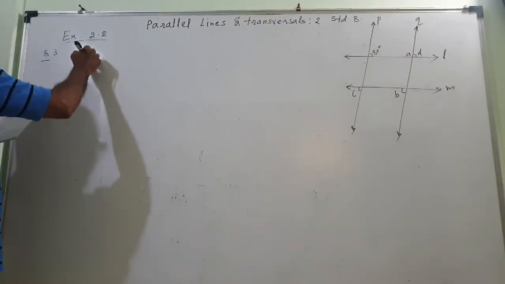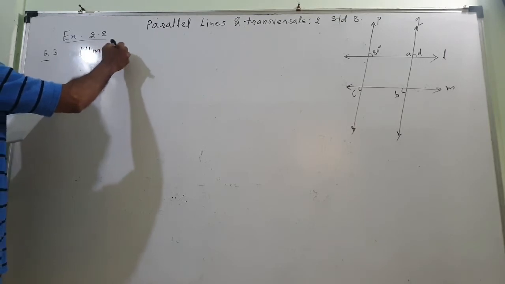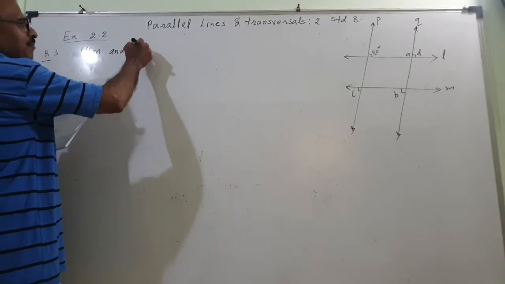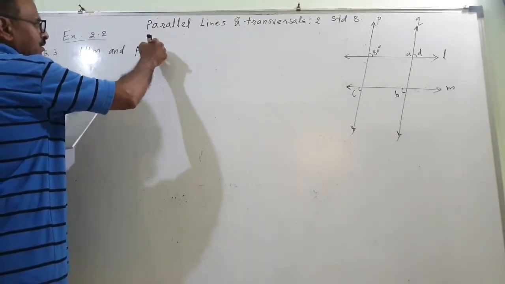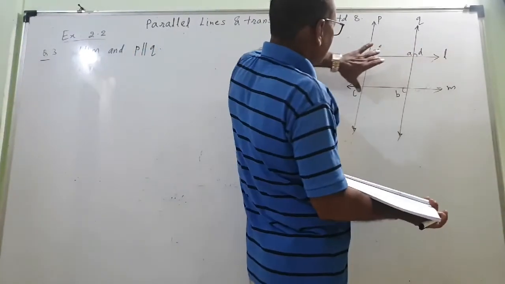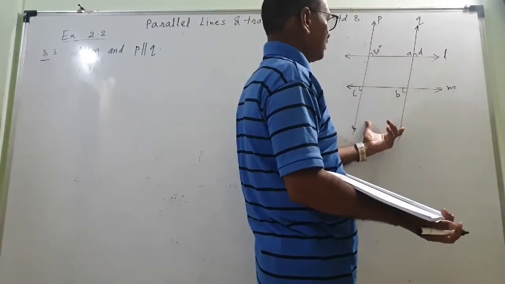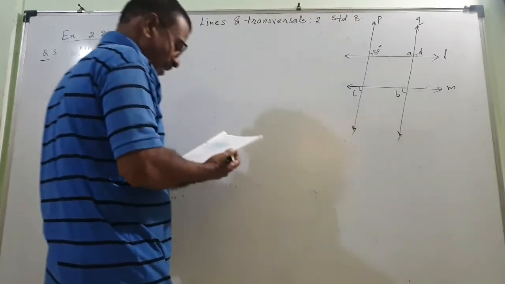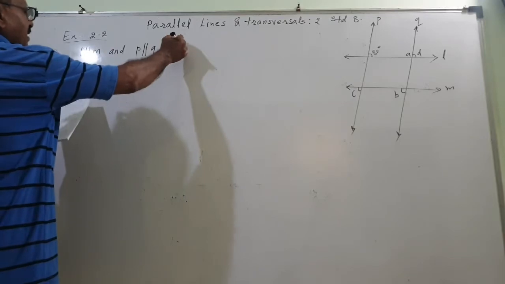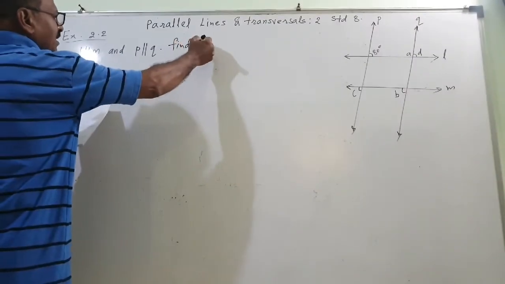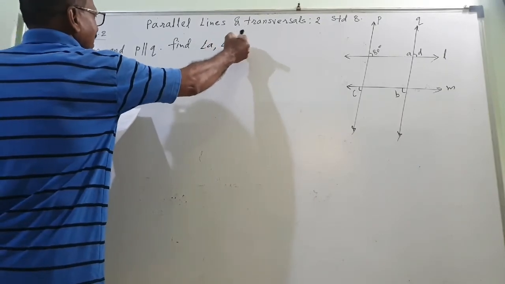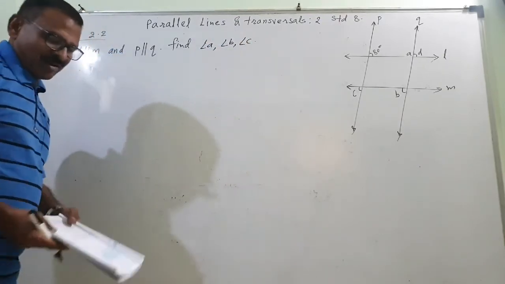L parallel M, and the word line I am not writing, you will write, and P parallel Q. So these two lines are parallel, these two lines are also parallel. So what we have to find: angle A, angle B, angle C. All these three we have to find.